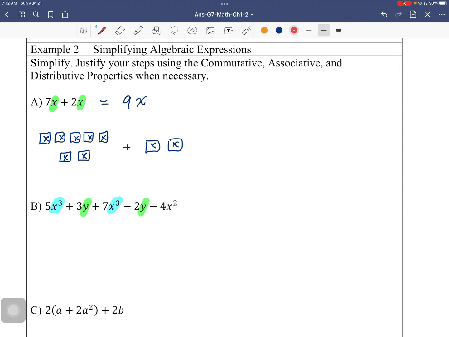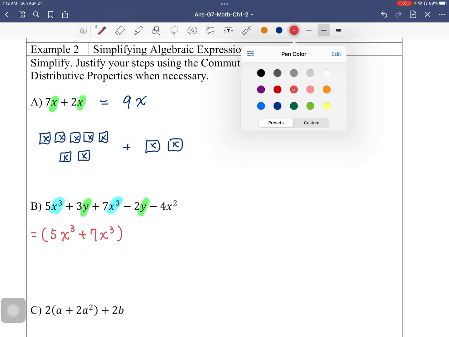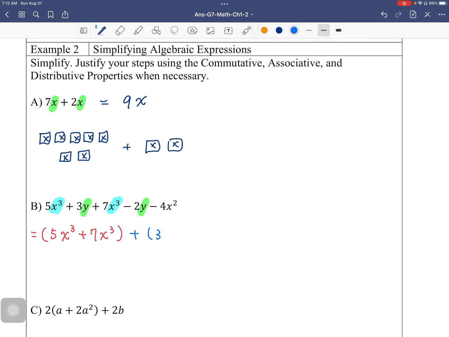So I want to combine the like terms. I do 5x cubed plus 7x cubed plus 3y minus 2y minus 4x squared. So I have 12x cubed plus 3 minus 2 for y, minus 4x squared.